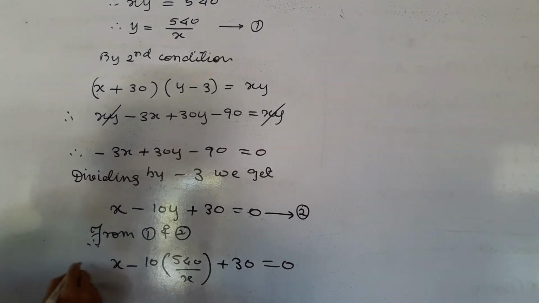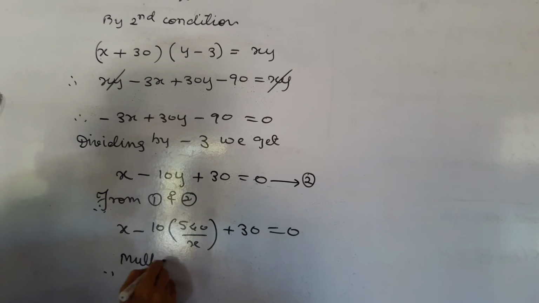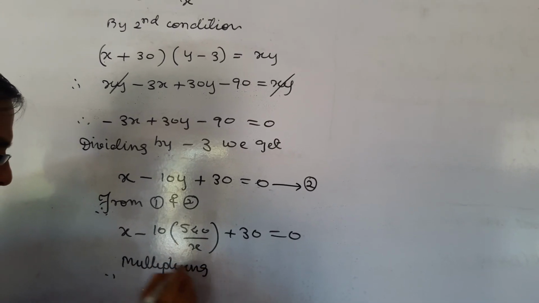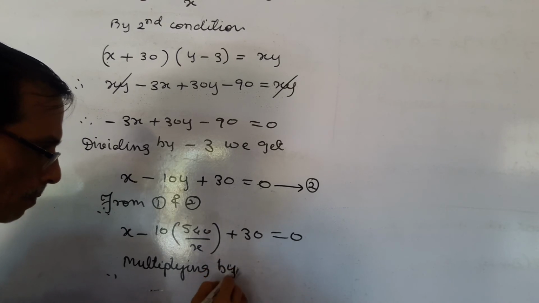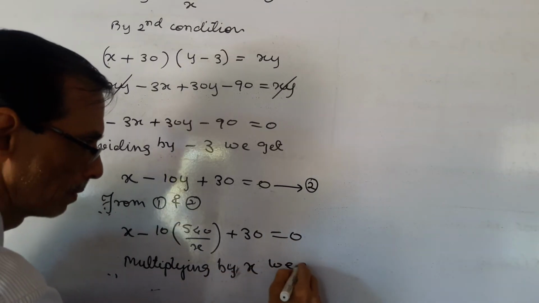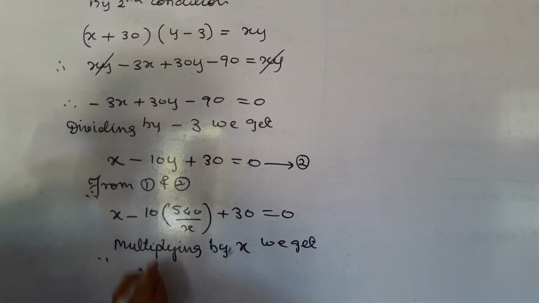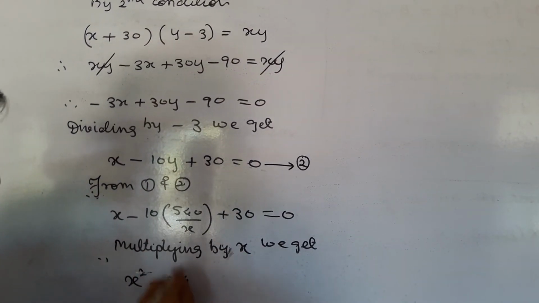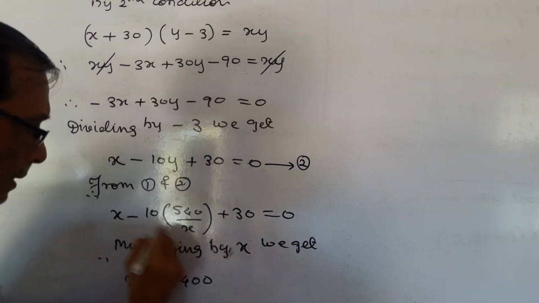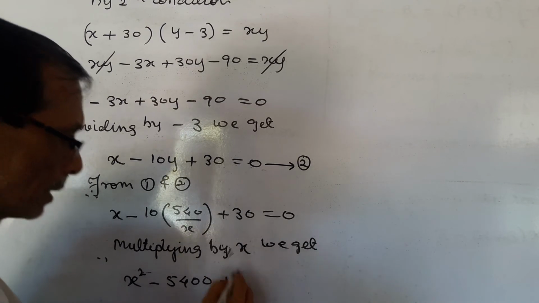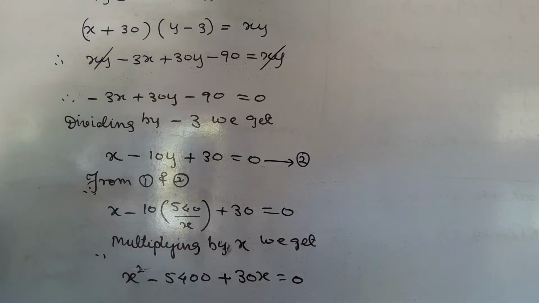And therefore multiplying by x throughout, we get x square minus 5400. The x and x get cancelled here, plus 30x, and that equals 0. So let us write the general formula.